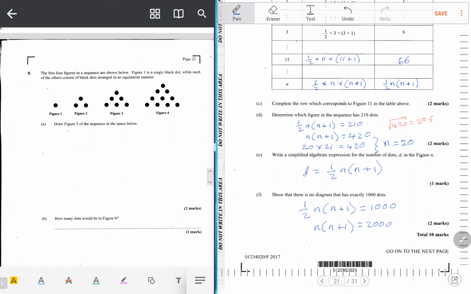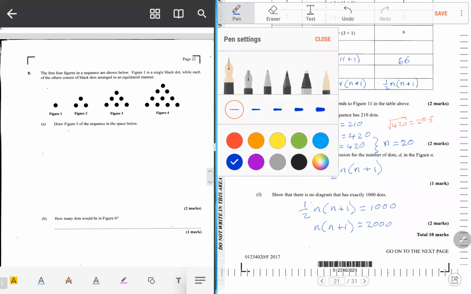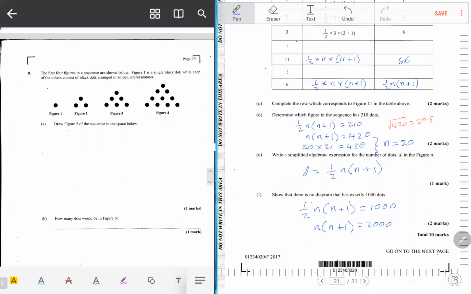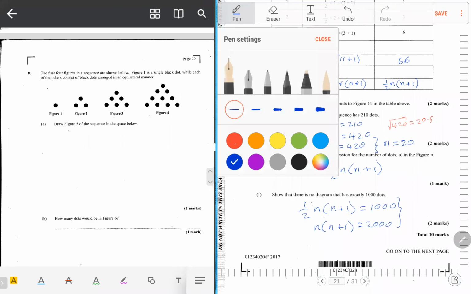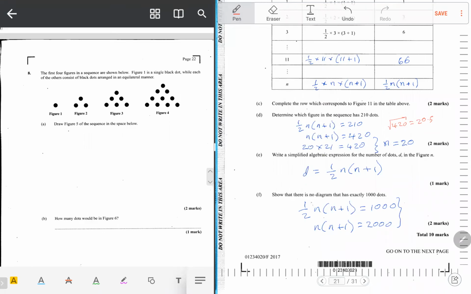Then I do the same kind of work as a while ago and see which two consecutive numbers multiply together to give me 2,000. So I'm going to look at the square root of 2,000 to check it.